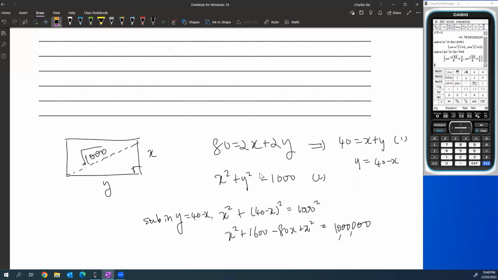Let's change this to just 1000, because the square root of 1000 squared equals 1000. Now let's change this back to 1000.